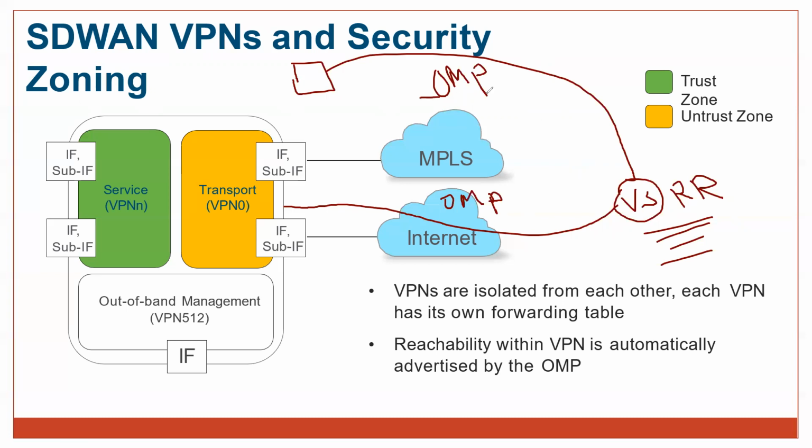Right, now what types of packets are we sending and receiving inside OMP? No brainer: routing updates and some IPsec key exchange. Remember, vSmart is working as a key server as well. So suppose these two devices, device A and device B, want to form an IPsec tunnel.